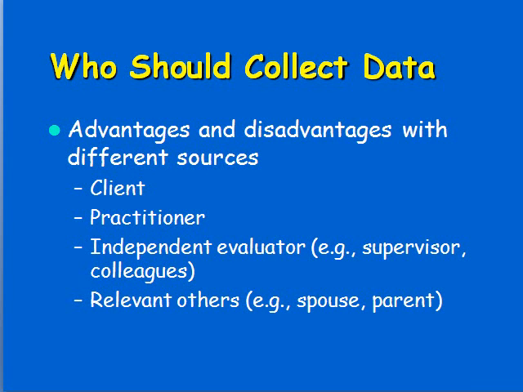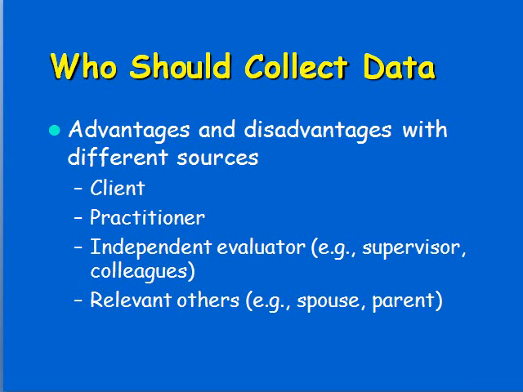And the last one that I have is that you have to be aware that the data that is collected may affect the relationship between the client and the relevant other. If you share this information with the client, what the relevant other is seeing may be too much for the client to handle.